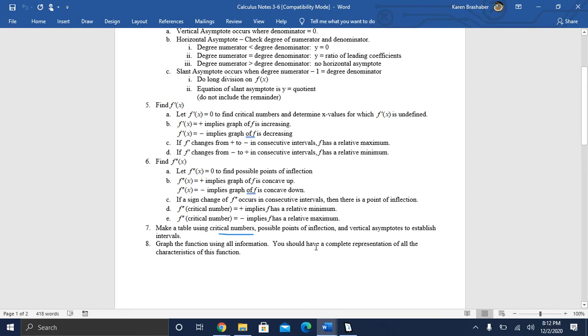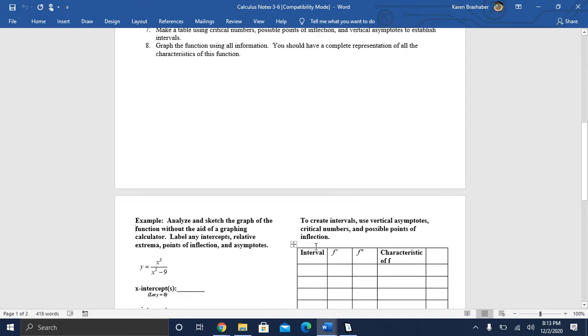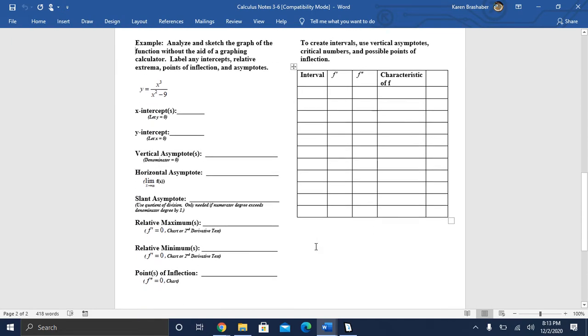You'll use your critical numbers, your possible points of inflection, and the vertical asymptotes, only the vertical ones. And that will establish your intervals when you do your table. So we're going to move to the back and start working on your first example.